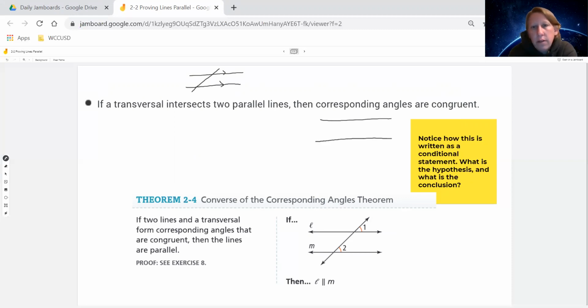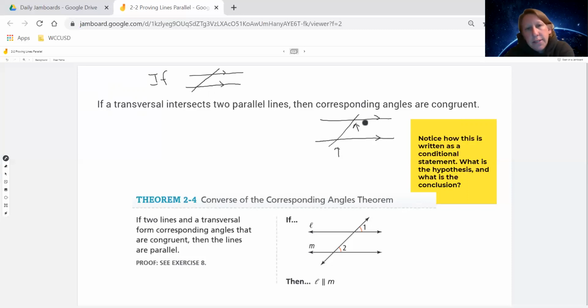So if the lines are parallel, then we're allowed to say that the angle in the bottom right down here is exactly the same size and shape as the angle in the bottom right here. These are called corresponding angles. And if these lines are parallel, these angles are congruent. They're the same amount. So if I know this one, I know this one, because they're the same.